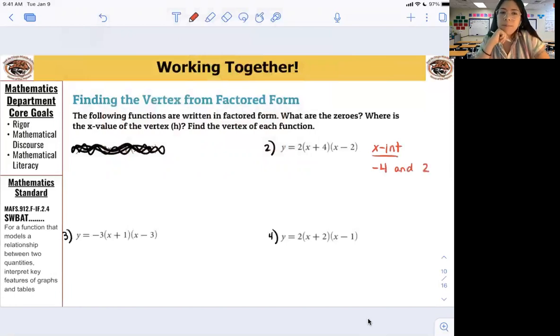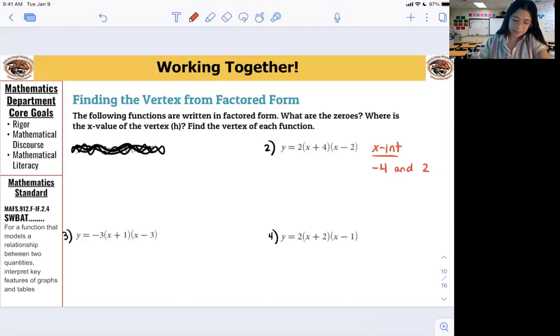Now this one's a little bit harder because we don't have a visual graph in front of us, but I want everyone to think about it for a few moments and try to figure out what number is right smack in between -4 and +2. -1.